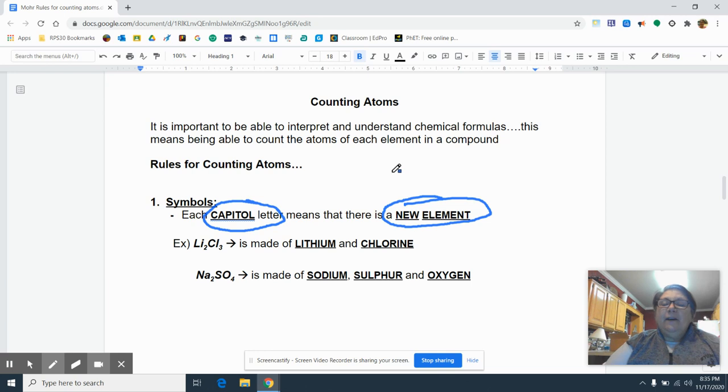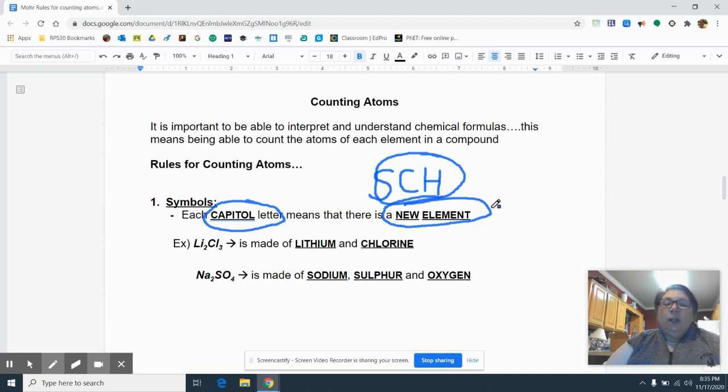So if you have S, C, H, and this is not real, I'm just making something up, this is a chemical formula. We have 3 different elements because each of them are capital.